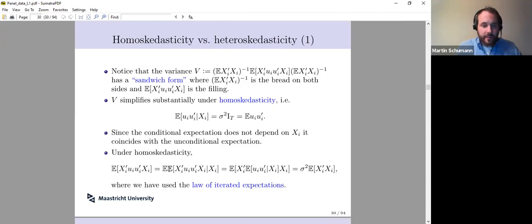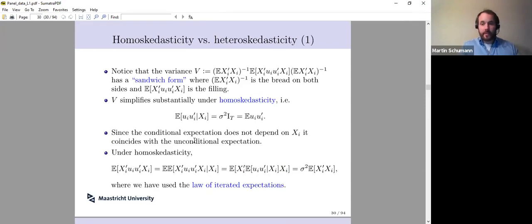Now, in the inside expectation, when you condition on x, that means x will act as if it was a constant. Therefore, you can take it out of this conditional expectation, and you are left with this thing on the inside. For this, we have an assumption, namely homoscedasticity. Therefore, we can replace this by sigma squared times the identity matrix. All we need to write here is therefore sigma squared times whatever is left, this x and this x.